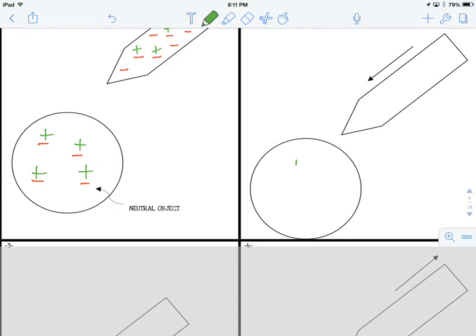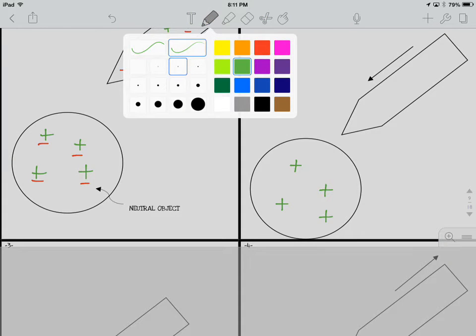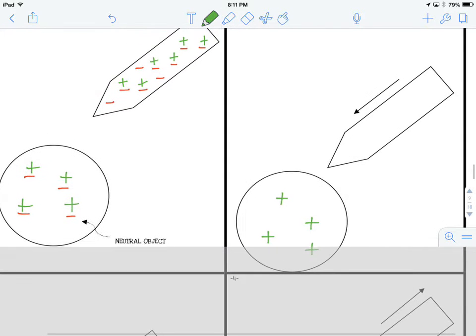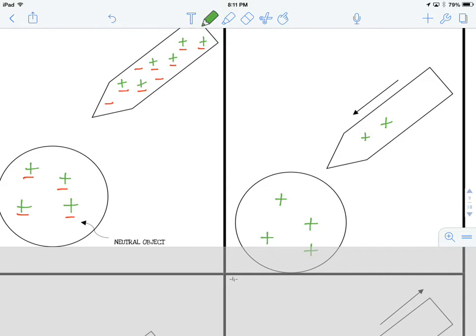And of course we know that electrons repel. And so here we have our rod that's all charged up, and it's got, of course, an extra 1, 2, 3, 4 electrons.